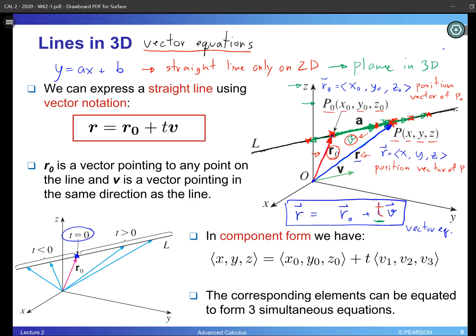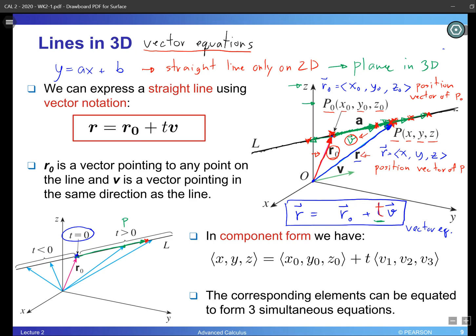But if t is equal to 1, maybe assume it to be right here, then we land at point P that we found earlier. But if this t is a little bit more than 1, we are going to land at maybe a different point right here. So it's all about this t value that can locate all the points on the line.